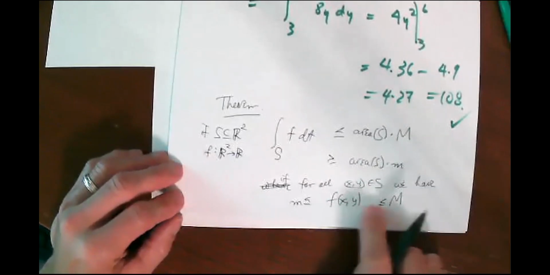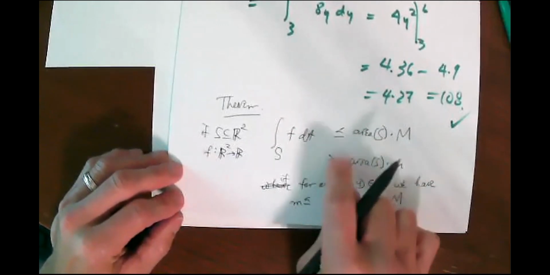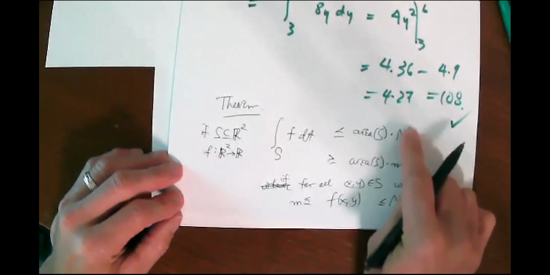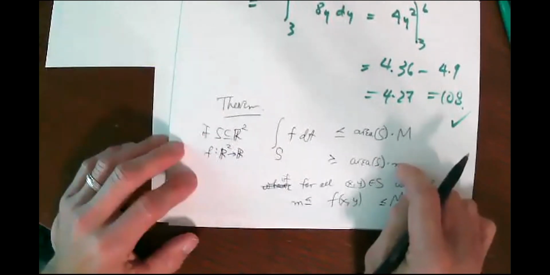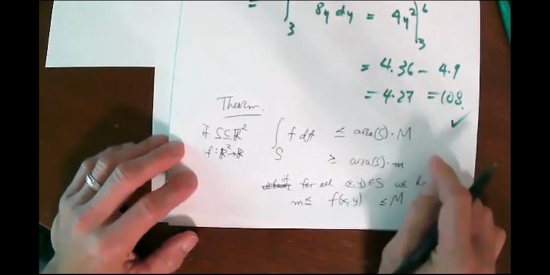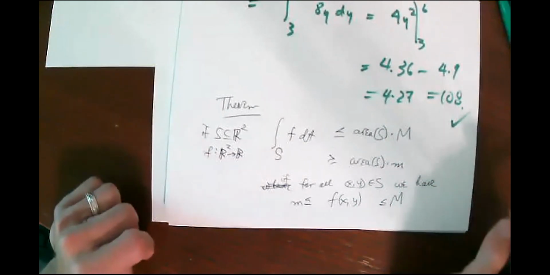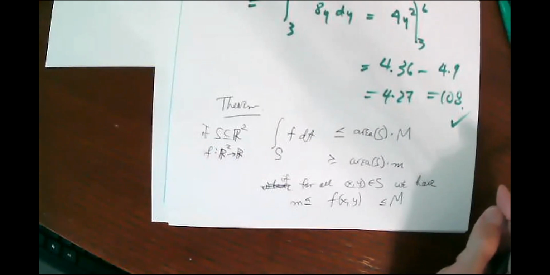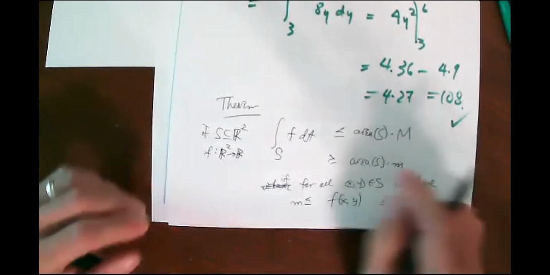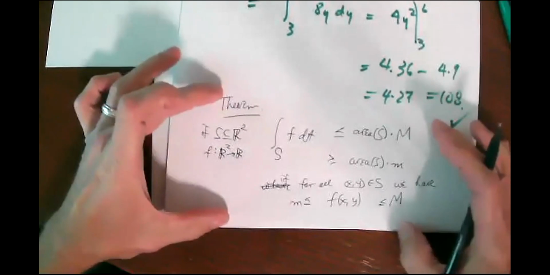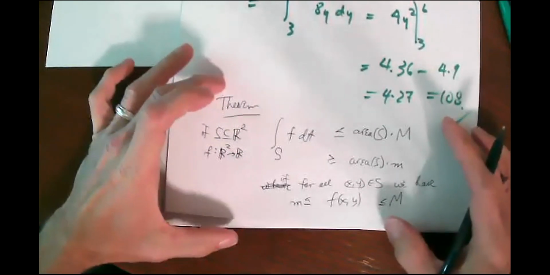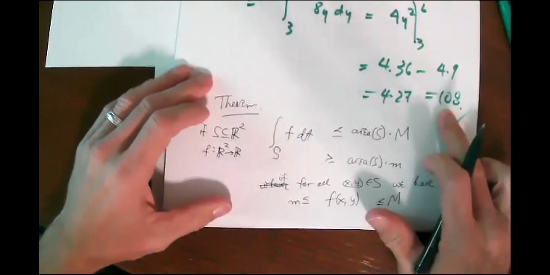So strictly speaking, it gave me some inequalities on this, but I chose a number that was, I don't know, about a quarter of the way between those two, and I used that as my estimate. It's a good question, and I really want you guys to get in the habit of thinking geometrically that way, but that's only so that you can prevent yourself from getting a stupid answer here.